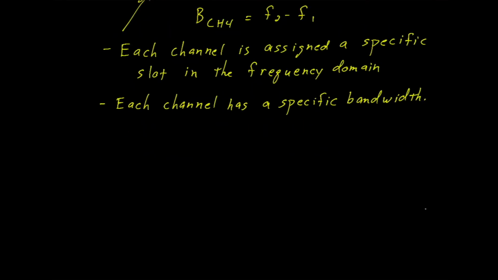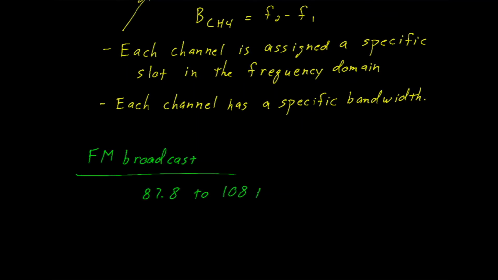As a specific example, we could talk about FM broadcasting. The FCC has allocated a spectrum between 87.8 and 108 megahertz, with each individual station having a 200 kilohertz bandwidth.